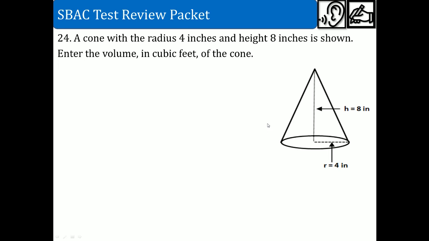24. A cone with a radius of 4 inches and a height of 8 inches is shown. Enter the volume in cubic feet of the cone. All right. So the volume is 1/3 pi r squared times h.